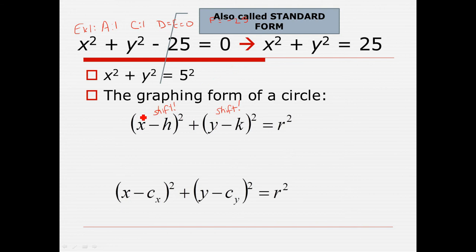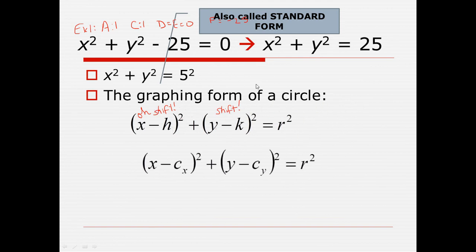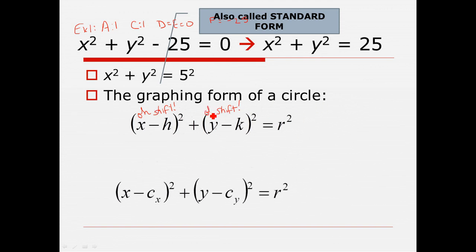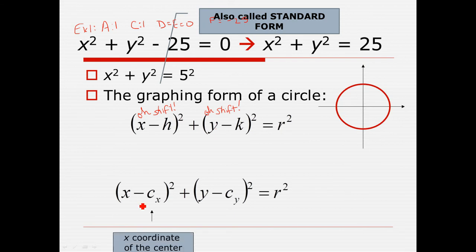I like to think to myself, oh shift. I like to think x minus the x coordinate of the center and y minus the y coordinate of the center. And then of course the number on the other side is the radius squared.